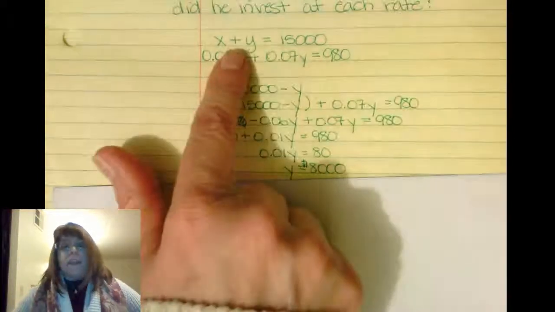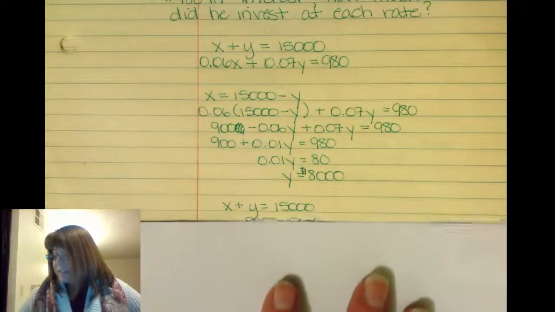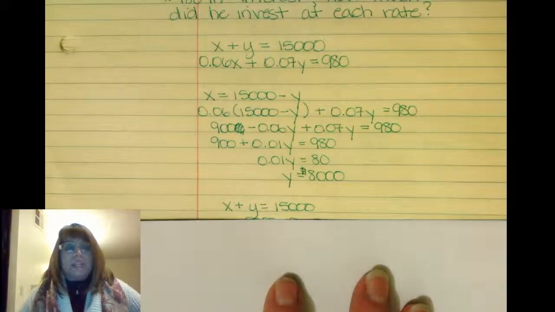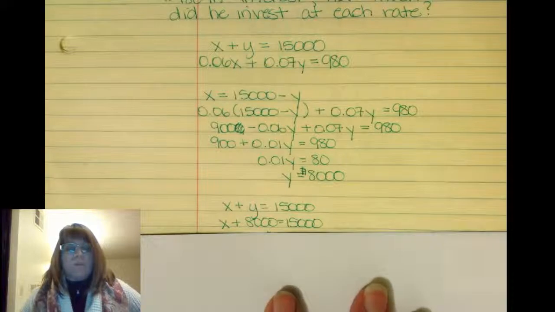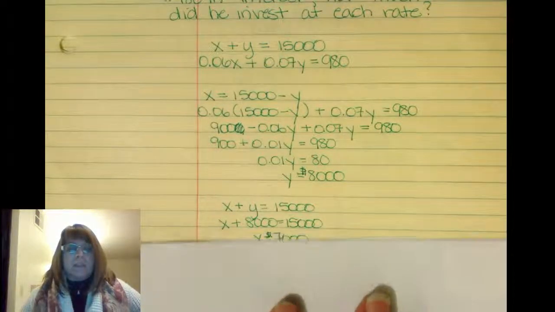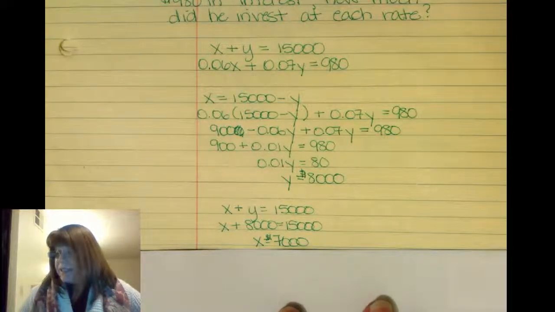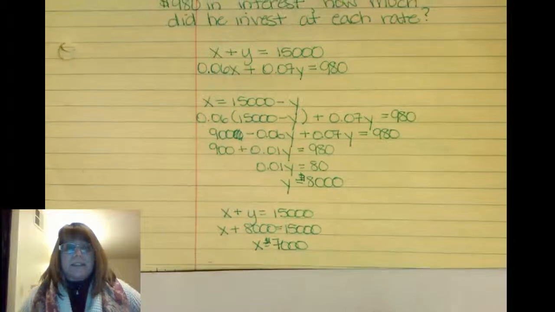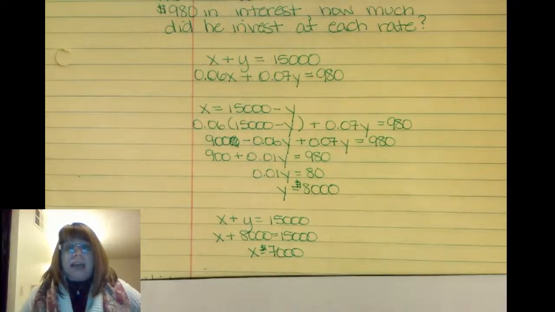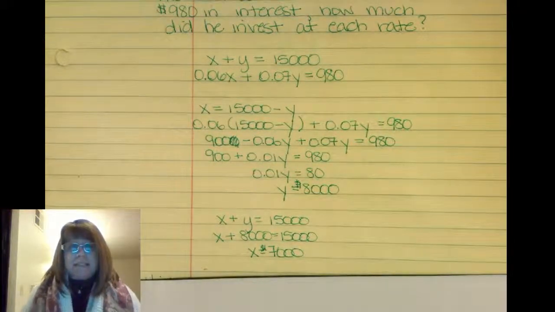Now I just need to plug back into one of my original equations to solve for x. Well, x plus y equals 15,000. Plug in 8,000 wherever I see a y. So x equals 7,000. So I know Mr. Hicks invested $7,000 at 6% and $8,000 at 7%.